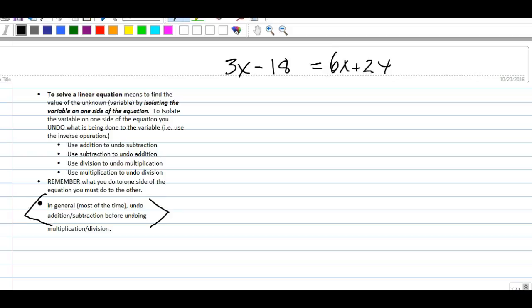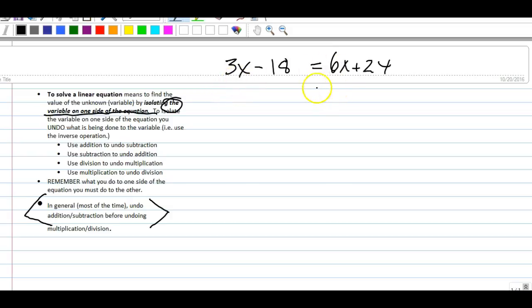Here, 3x and 6x are like terms, but they're on different sides of the equation. Now, when I gave you the rules for solving equations, I said to isolate the variable, meaning one variable on one side of the equation.